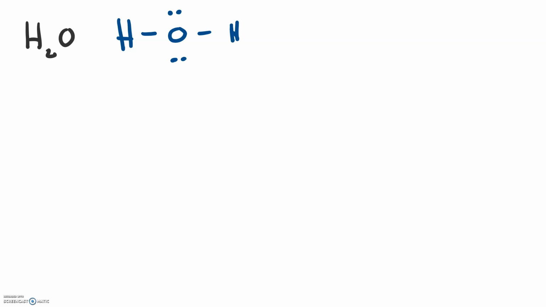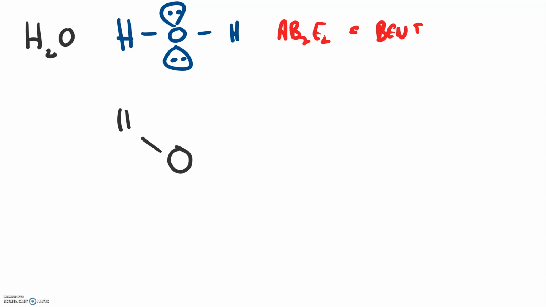This is a water molecule, and it follows the format AB2E2, which according to our chart is called bent. That means the molecule actually looks like this, and we've got an angle of 109.5 degrees between these two hydrogen atoms.